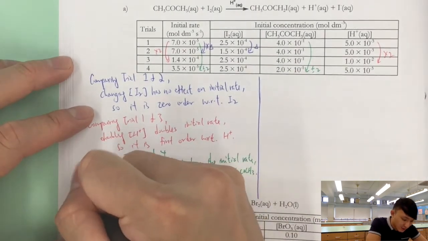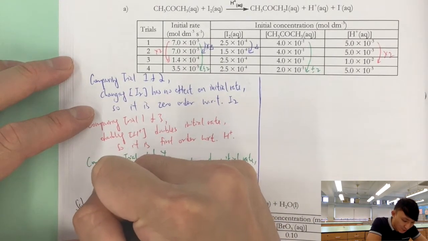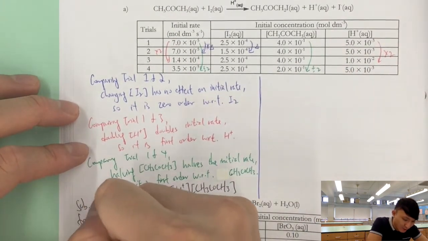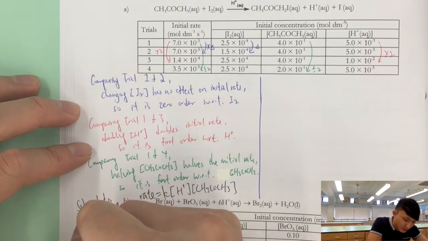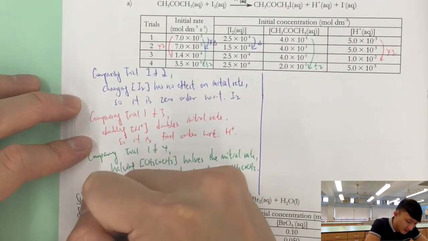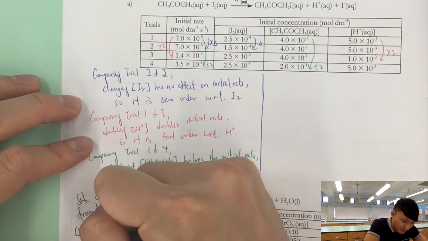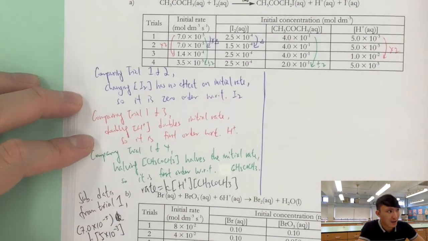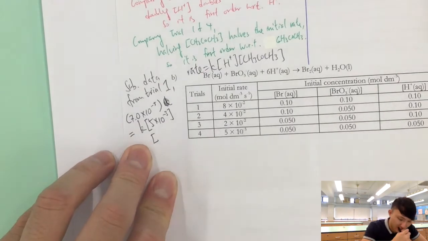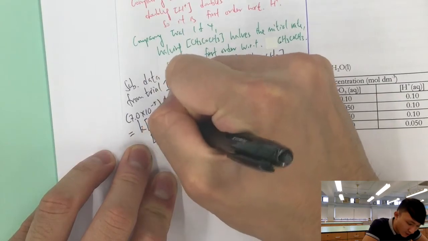So substitute data from trial 1. Okay, so we have 7.0 times 10 to the power negative 5 equals k times the concentration of H plus, 5 times 10 to the power negative 3, also multiplied by the concentration of ketone, which is 4 times 10 to the power negative 1.